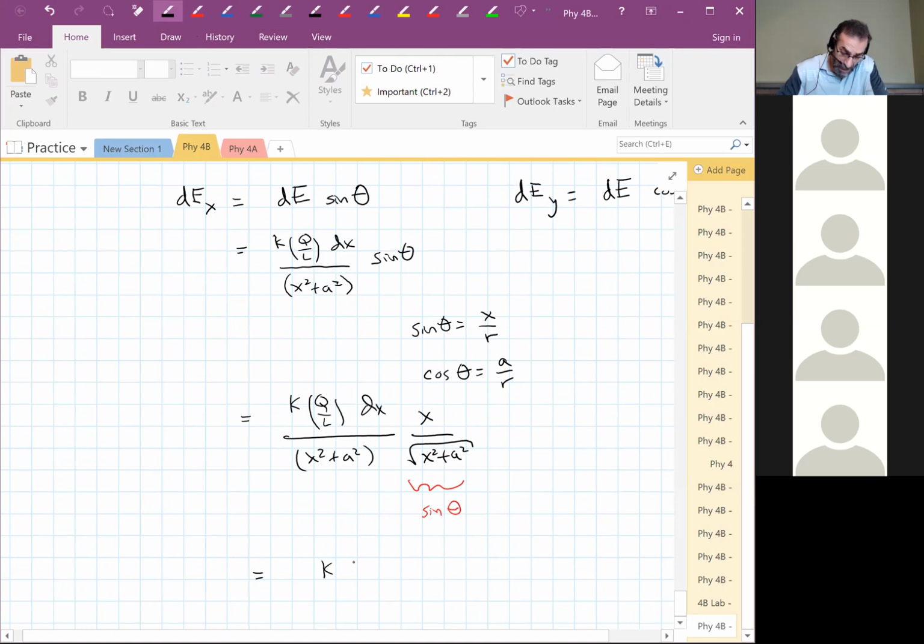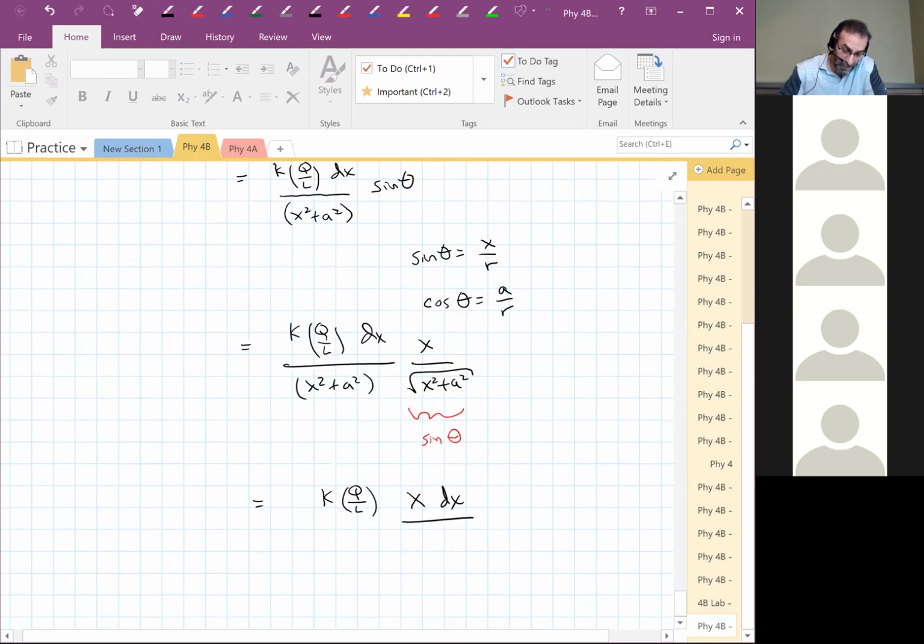We've got k q over L, those are all constants, x dx over x squared plus a squared to the 3/2 power. And so we integrate both sides and we say E sub x is equal to the integral of this.